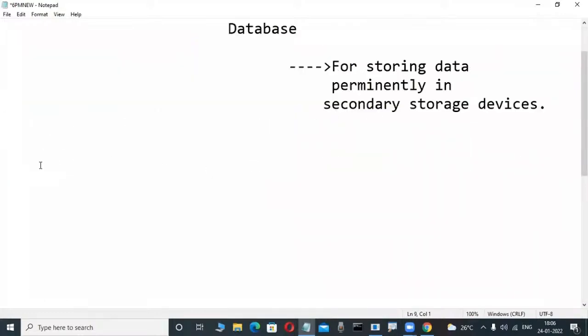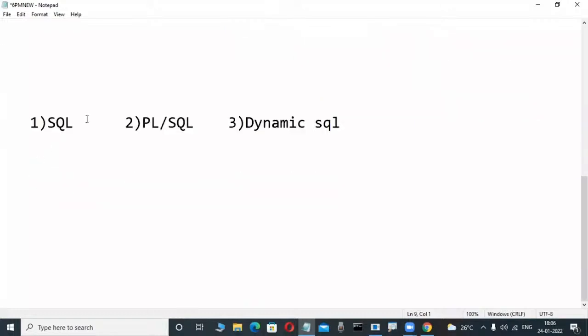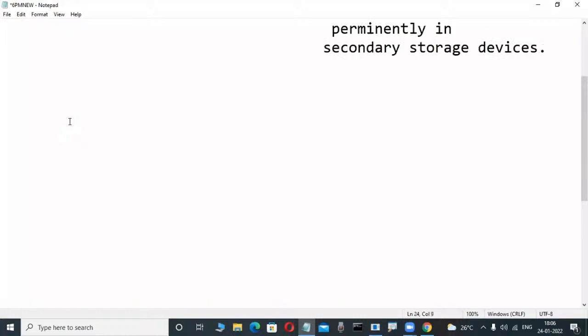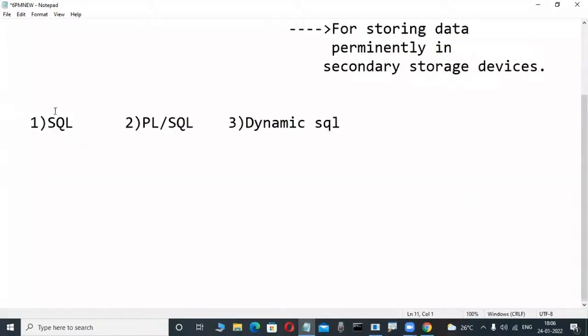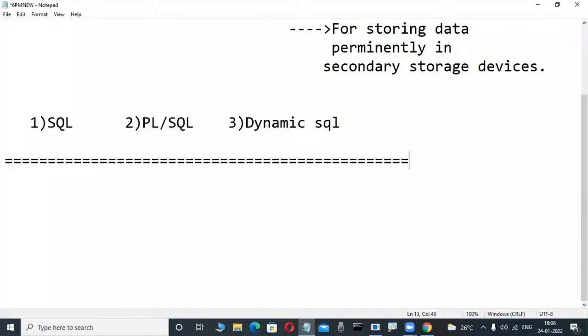Oracle, SQL Server, DB2, Sybase, MySQL, all these databases are implemented based on the relational data model concept. For operating these products, we use SQL. But for operating the Oracle database product, we use three languages: one is SQL, another is PL/SQL, another is dynamic SQL. Up to this, we learned in previous classes.